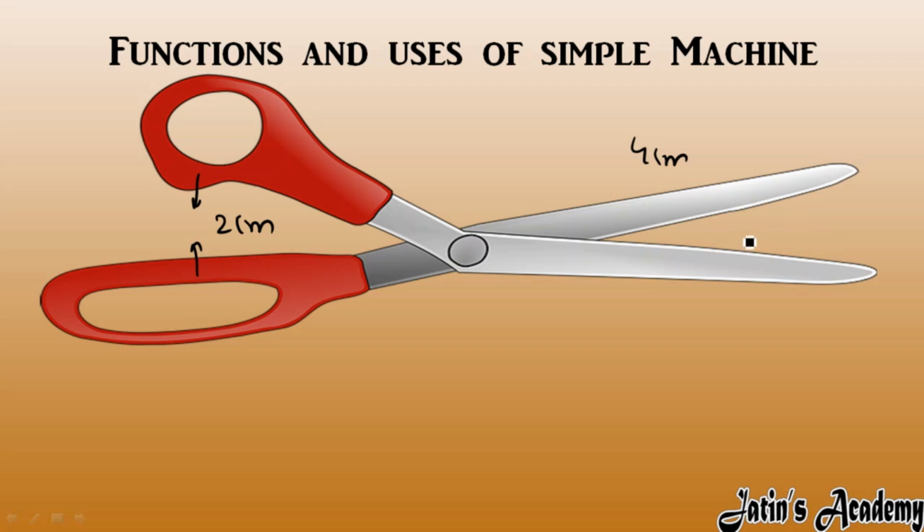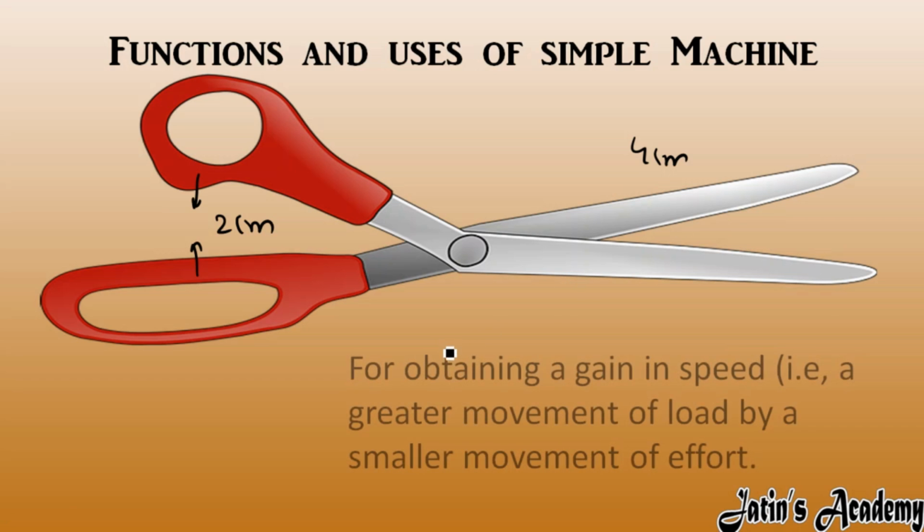Faster means here the speed is more and here the speed is less. So actually this machine is increasing the speed. With the help of very little displacement, we are able to cut a very large piece of cloth or a large piece of paper.